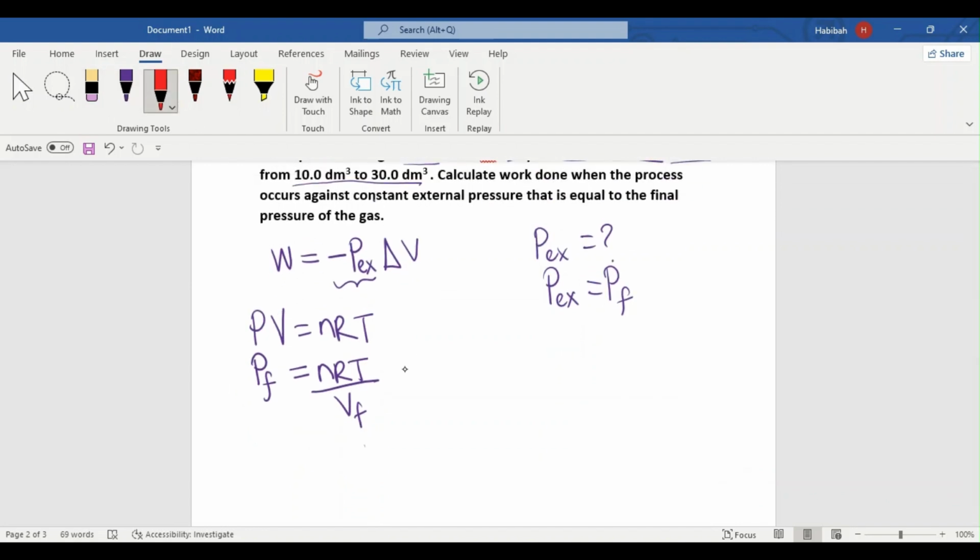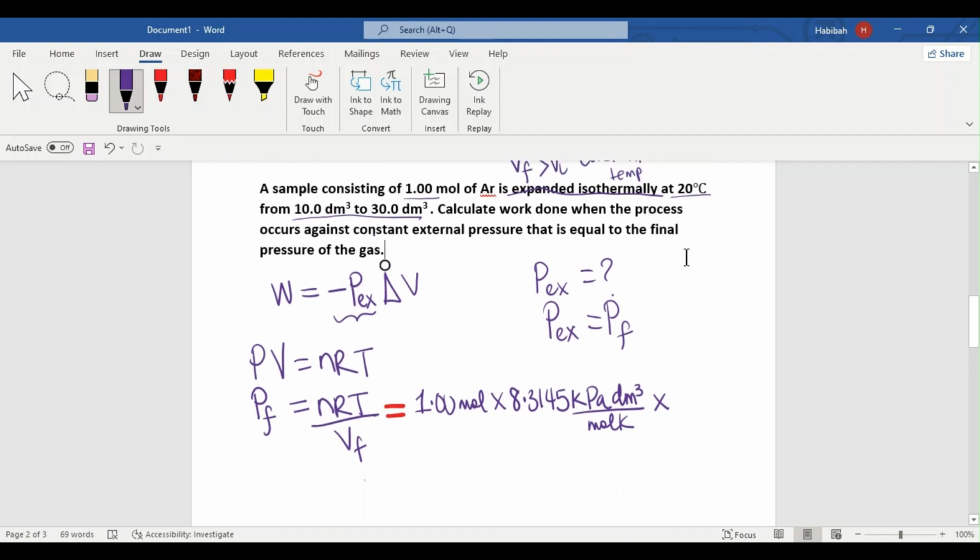We do the math. We use the number of moles we're given, the gas constant, and the temperature. The number of moles we're given is 1.00 mole, times 8.3145 kilopascal dm cubed per mole Kelvin, times the temperature, which is given to us.